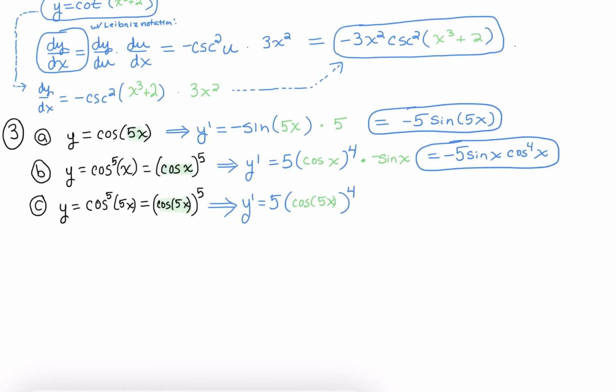So if I'm just taking the derivative of cosine of 5x, it has its own little inside function. The derivative of cosine of a function is going to be minus sine of that function, and what's on the inside there is the 5x, and then times the derivative of its inside.